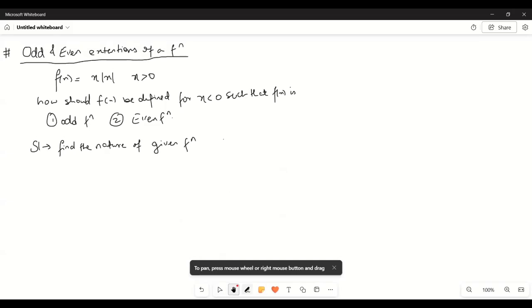So as I was saying, if we are looking for an odd and even extension of the function, then we look at the nature of the given function. So f(x) is x mod x for x greater than equal to 0, which will end up becoming x square, the graph of which is an upward opening parabola like this. Right.